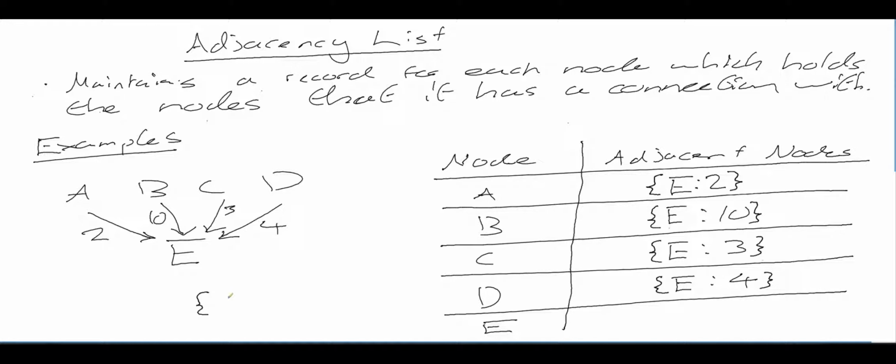Say my node was A: write down the adjacent node, write down the cost, say for example 7, then do a comma, then write down the next node that it's adjacent to, write down the cost, then do a comma, and so on.